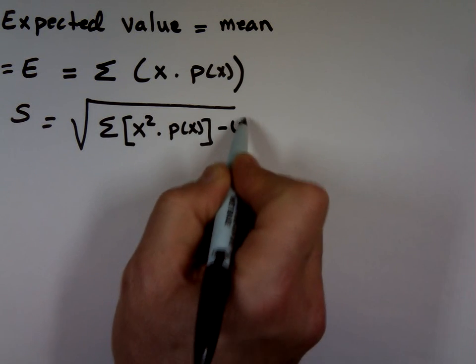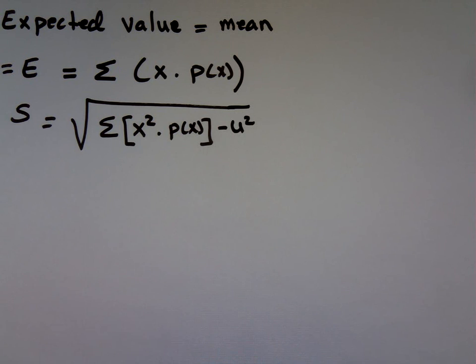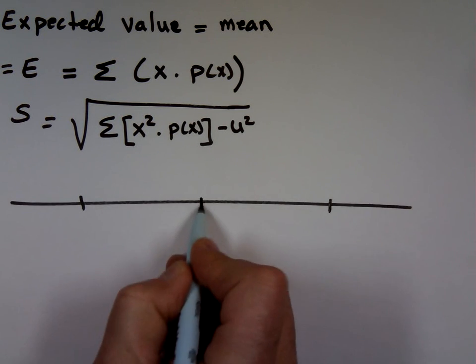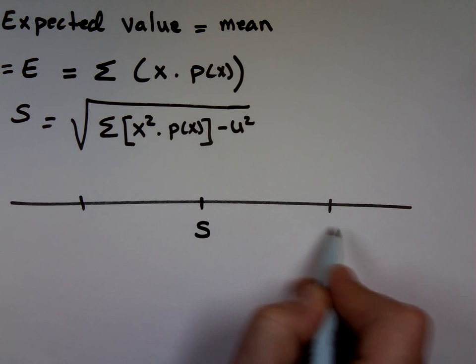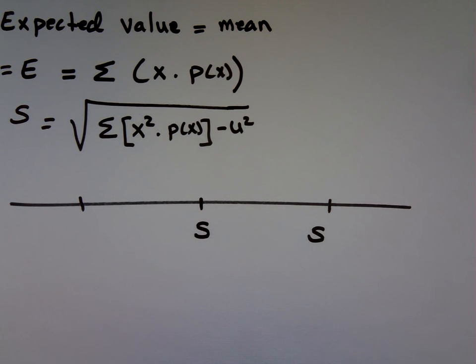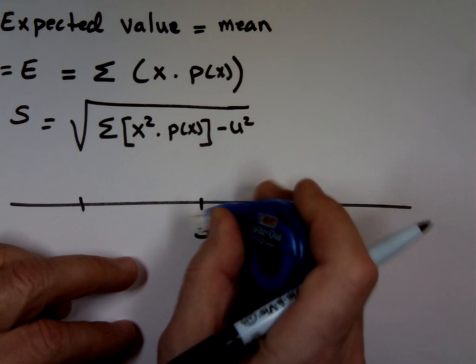Why we care about these: because we can find what we call the usual value, the range from where to where for the usual value. This is the standard deviation. This point will be the average, the expected value, not the standard deviation.